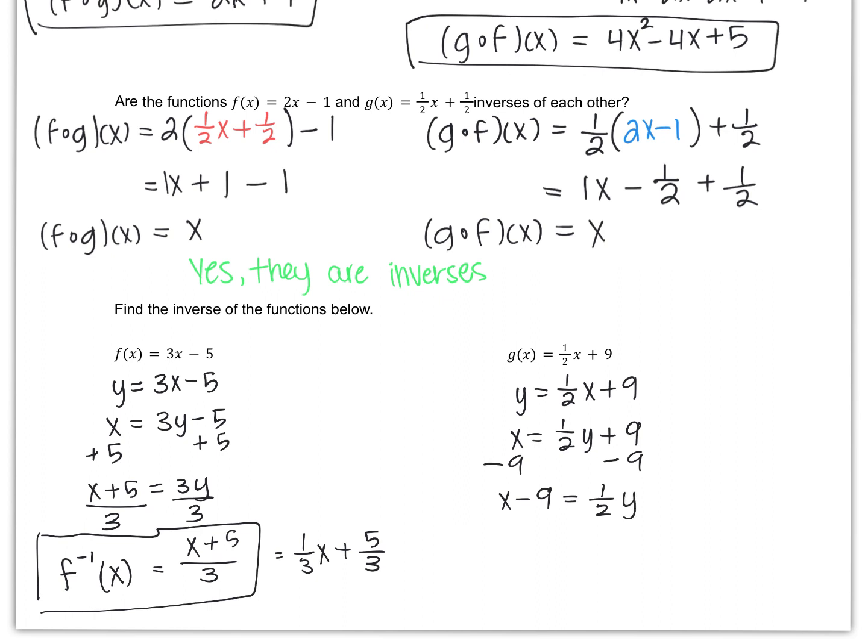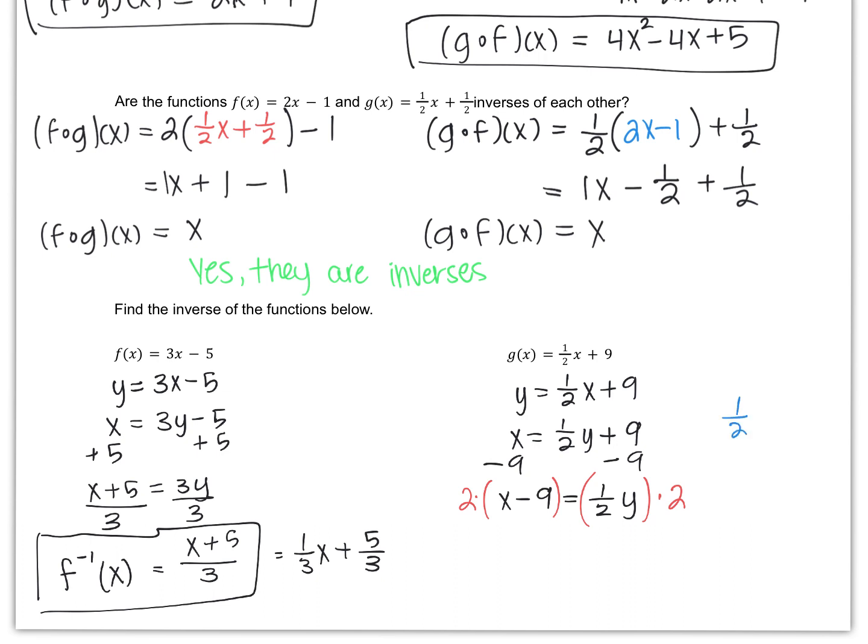Now, the way we want to get rid of that 1/2 is typically we would divide by the number in front of y like we did in the first example. But the number in front of y is a fraction. So instead, we're going to multiply both sides by its reciprocal. So the reciprocal of 1/2 is 2. So I'm going to go ahead and multiply both sides by 2 because 1/2 times 2 does equal 1.